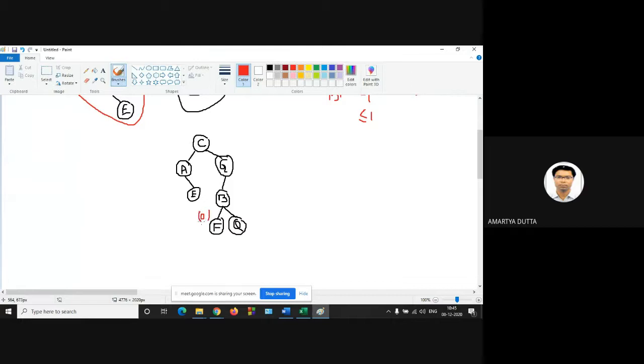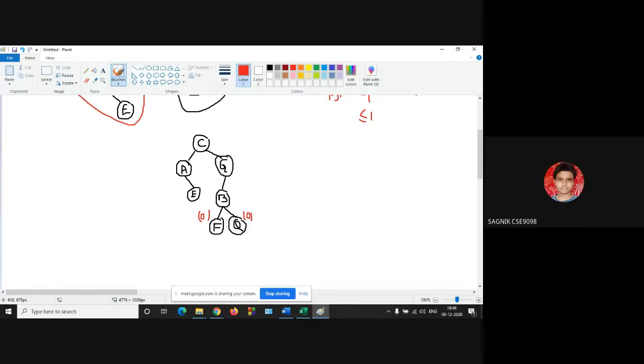Okay. Similarly, for balance factor of Q, as right child and left child are null for Q, this is 0. Balance factor of Q is 0. Now balance factor of B. What is balance factor? Balance factor is the difference between left subtree and right subtree.